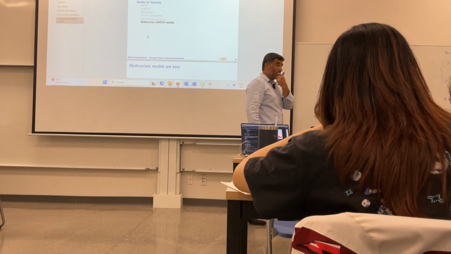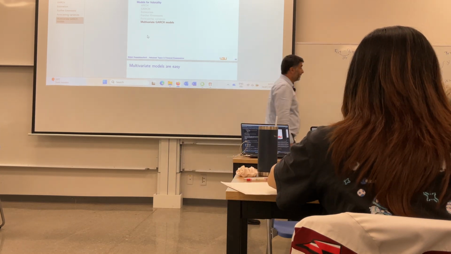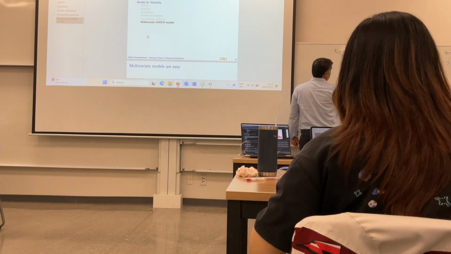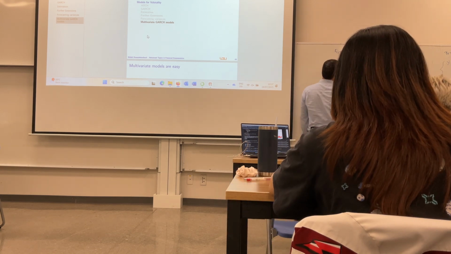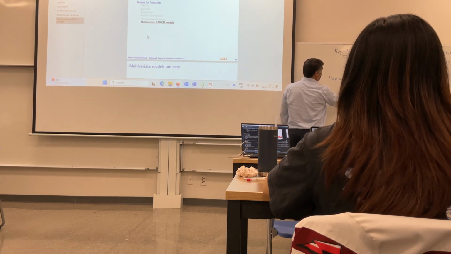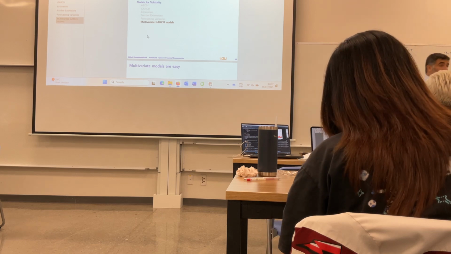Right? So that is how beta is estimated. So if I want the variance of xt, I can estimate. I know how to estimate. Right? So that's an asset return.